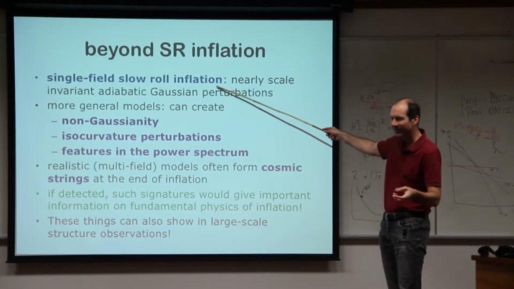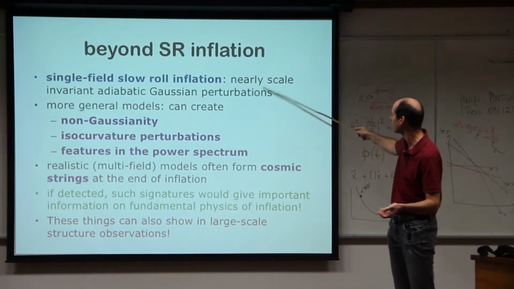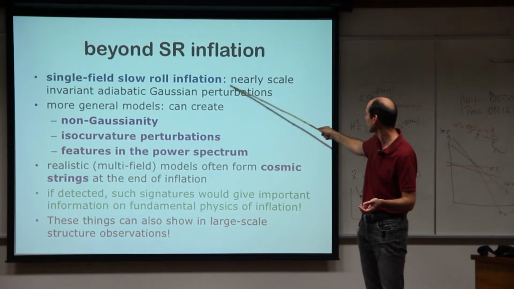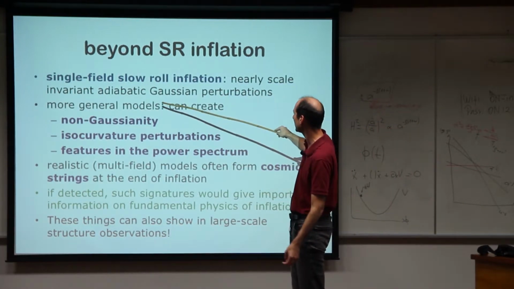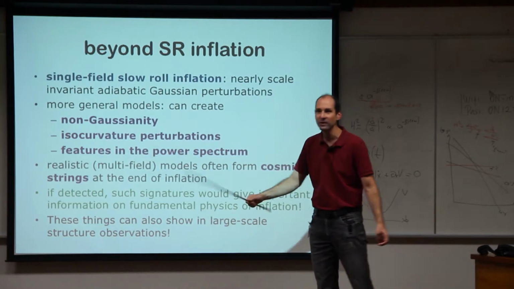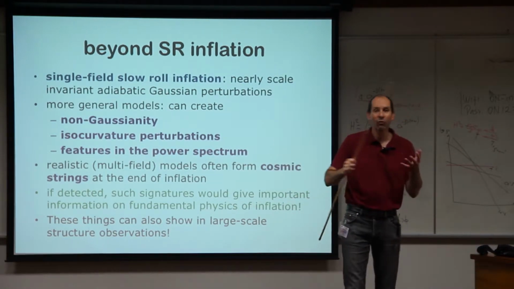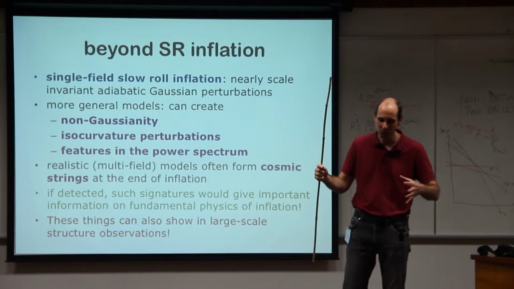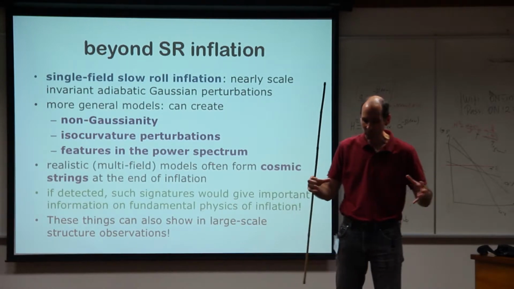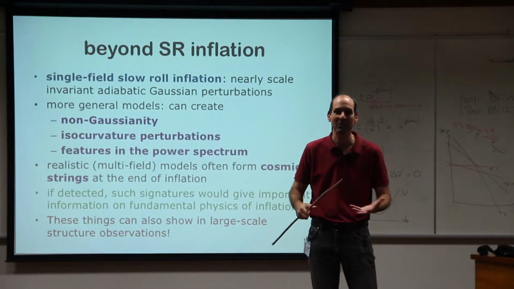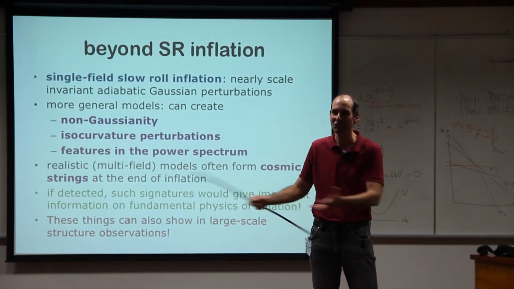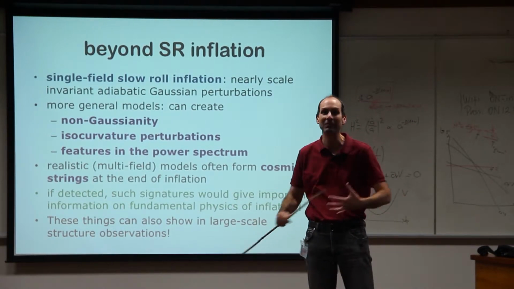So if you have only single field slow roll inflation, then you get exactly these things, but then you can have other things. For example, a multi-field model. Of course, what you want to do is take this inflation model and embed it in some consistent particle physics model, because at some point these should be described by particle physics at very high energies.